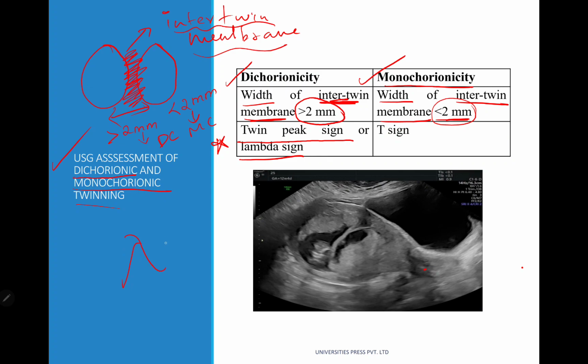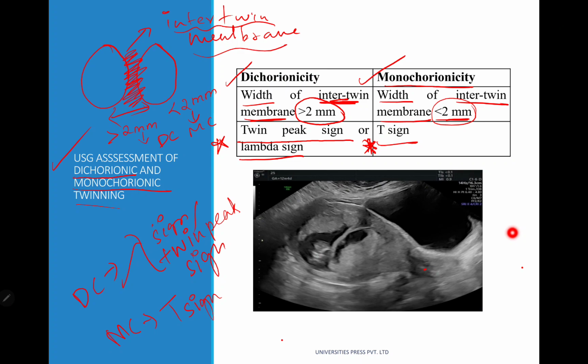Twin peak sign is seen in case of dichorionicity, whereas in case of monochorionicity, the sign that you will look for is the T sign, just a T. That T sign is for monochorionicity. A twin peak sign or lambda sign is for dichorionicity.